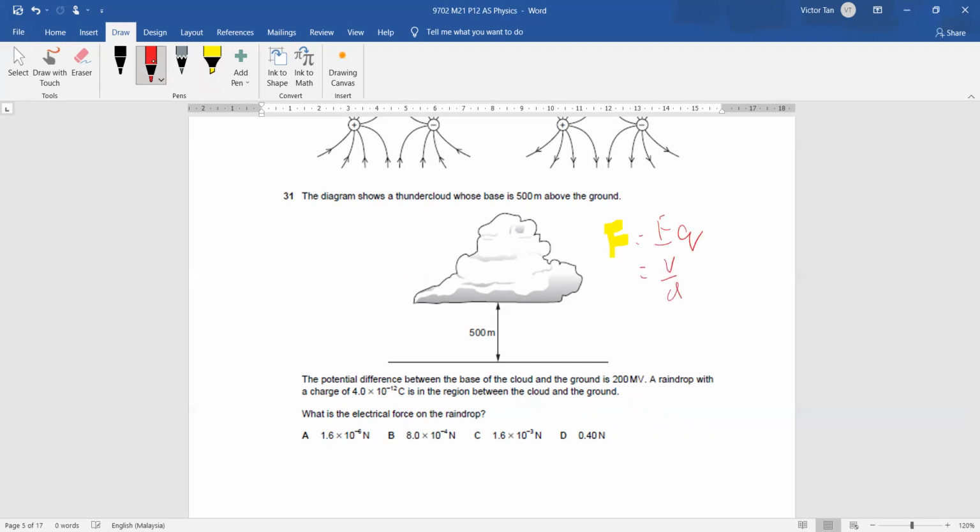Electric field strength is V over d, times Q. So this is 200 times 10 to the power 6 over the distance 500, times the charge, 4 times 10 to the negative 12. Okay. That is 1.6 times 10 to the negative 6. Okay. Answer is A.